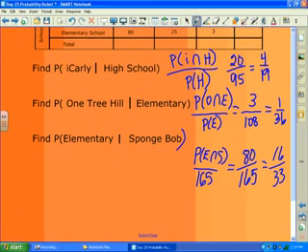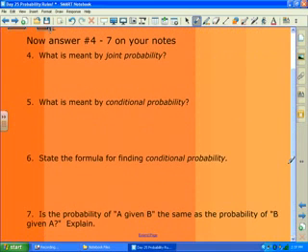All right. I think now we go fill in some of our notes. Here we go. Let's fill in 4 through 7. Back to your notes. What do you think is meant by joint probability? Well, simultaneous occurrence at the same time, okay?